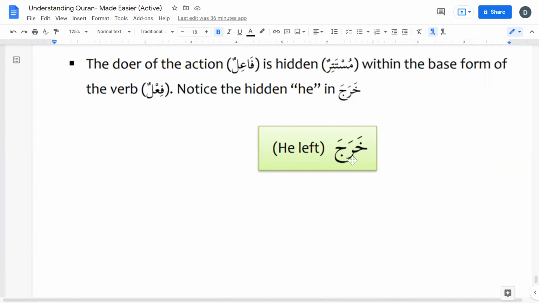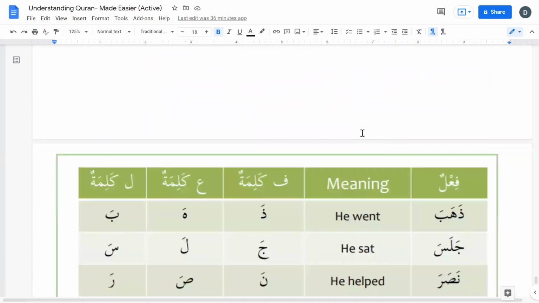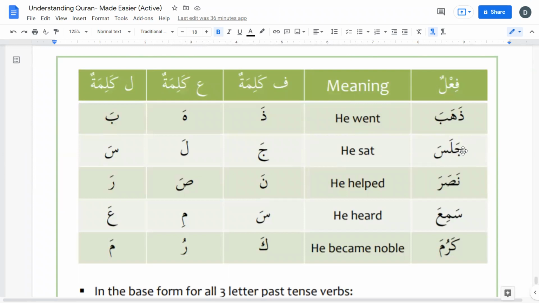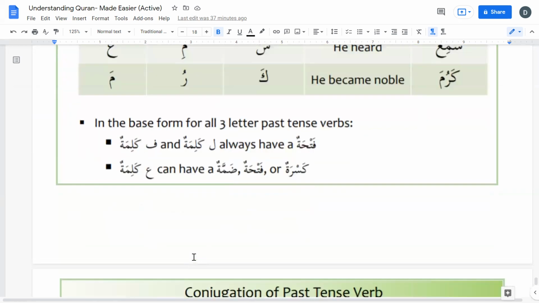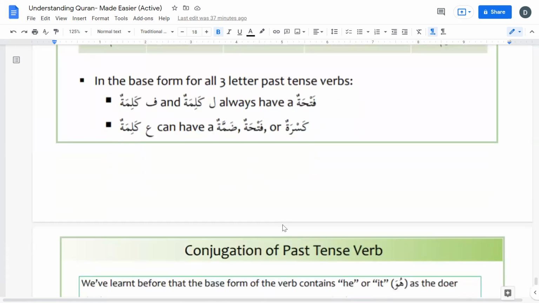Whenever we see kharaja or zahaba, jalasa, it means he went. So the pronoun he as a doer is built in this pattern. Fa'ala, zahaba, nasara. And then we have another pattern, sami'a and karuma. Sami'a is on the pattern of fa'ila, and karuma is on the pattern of fa'ula. So these are the 3 patterns we learned last time.